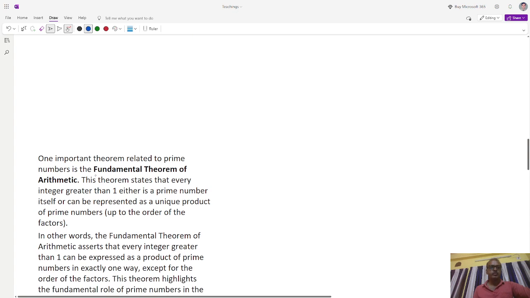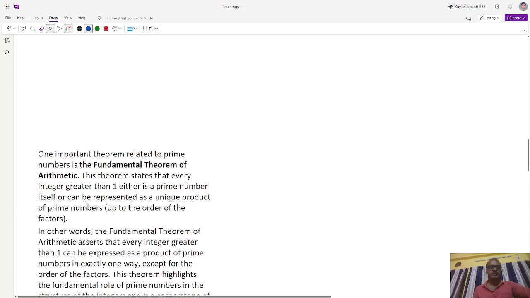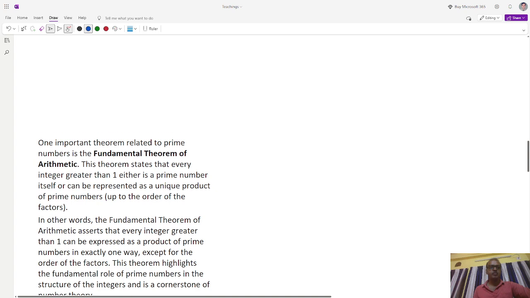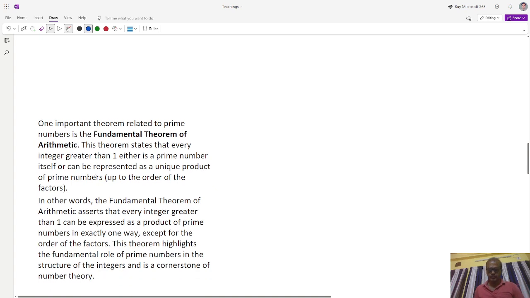One important theorem related to prime numbers is the fundamental theorem of arithmetic. It is a very important theorem. It states that a number can be represented by the multiplication of its prime factors.